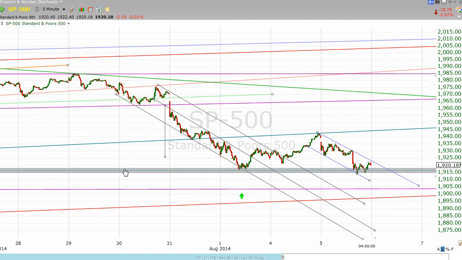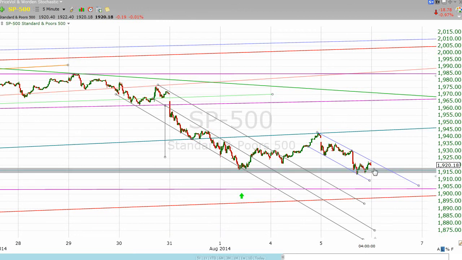Likewise, a well-defined resistance line, once broken, tends to turn into support. Okay? So, just wanted to point that out because it's been a while since we've gone over some of those fundamentals.